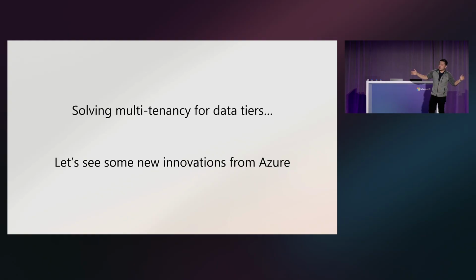And the challenge here is trading off A or B kind of sucks. Why can't I have A and B? And so one of the things that we're innovating on the Azure side is we're building some new things, especially on the data tier, to soften that trade-off around multi-tenancy. And so what I'd love to do is introduce Deborah Chen, who's going to walk us through some of the awesome new capabilities.